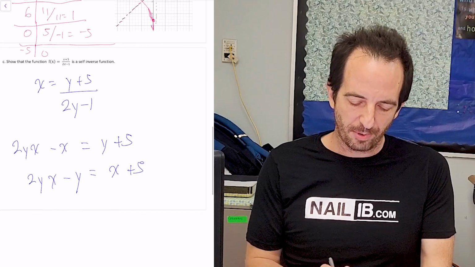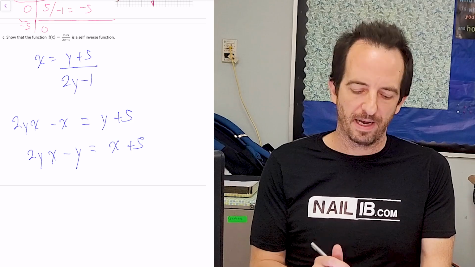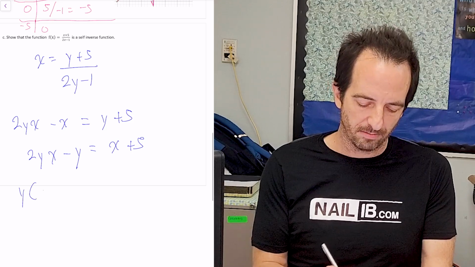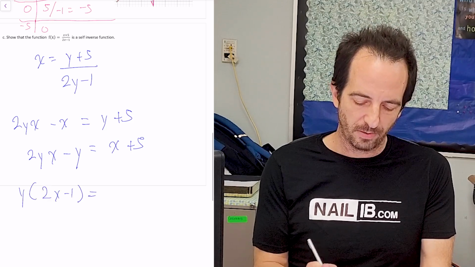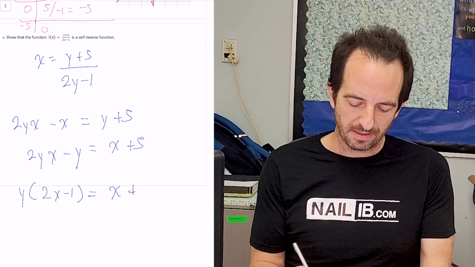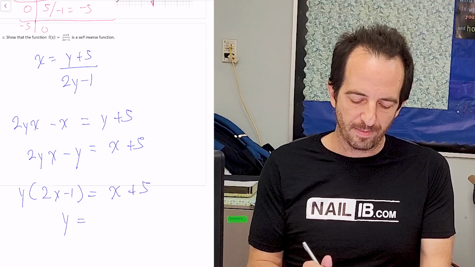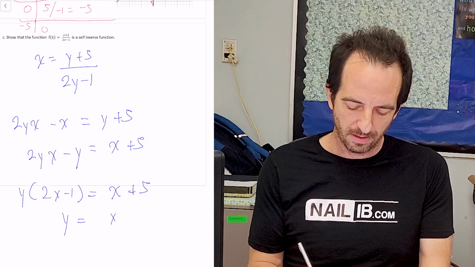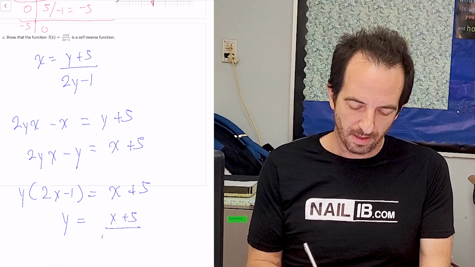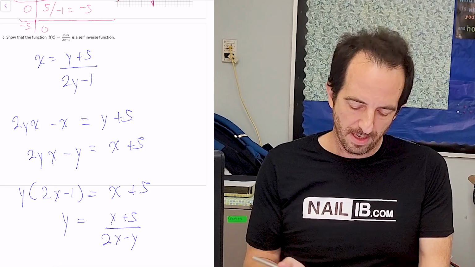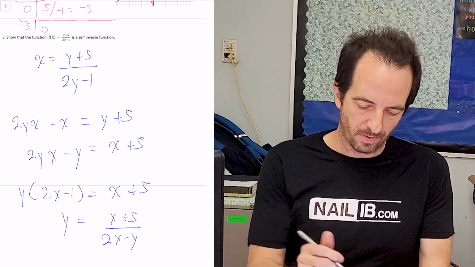And now the next step would be, I could factor out my y's. So y comes out, 2x minus 1 is equal to x plus 5. And then finally, I can get y by itself by dividing both sides by 2x minus 1, so y equals x plus 5 over 2x minus 1.